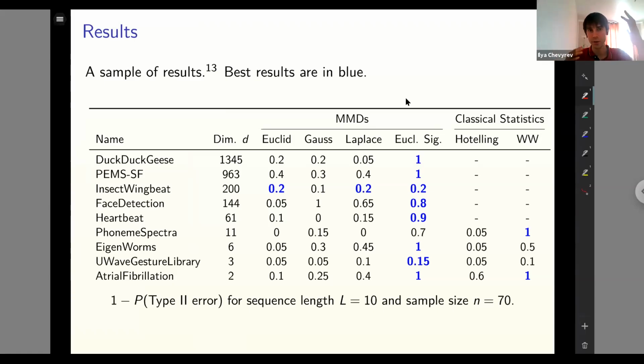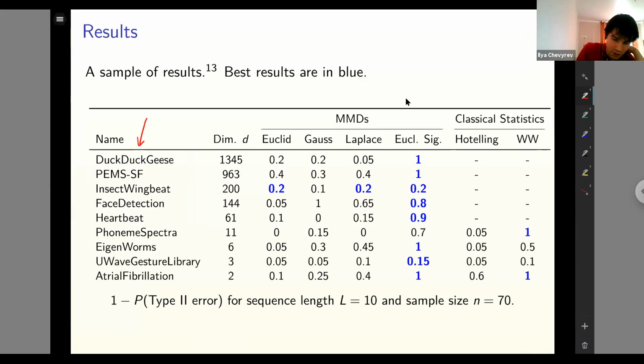Remember, there were 30 of them. I've put in nine samples here. In the first column, this is just the name of the time series. It doesn't really matter what the name is here.